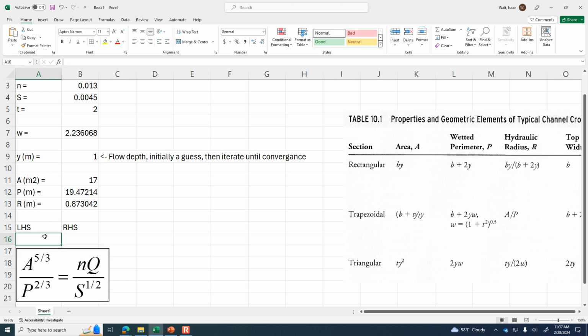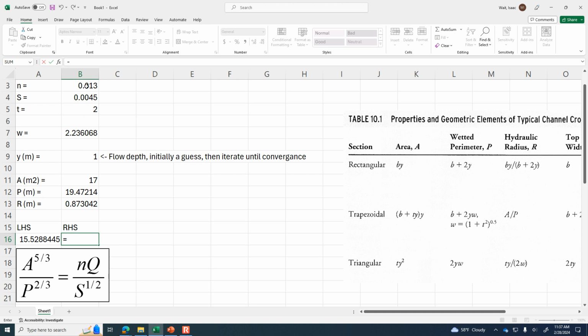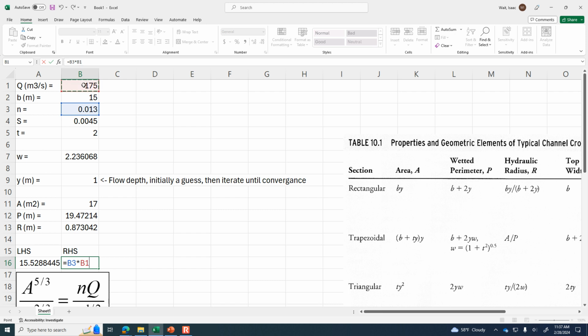So the left-hand side is area to the power of 5/3 divided by the wetted perimeter to the power of 2/3. So that's the left-hand side of the equation. And the right-hand side of the equation is n times q divided by slope to the power of 0.5.